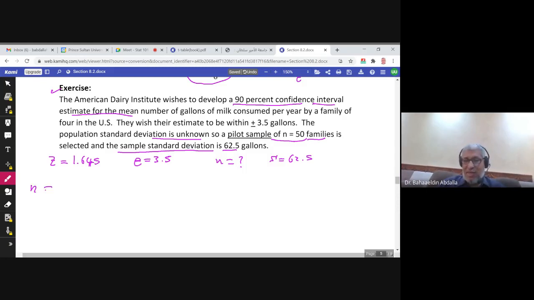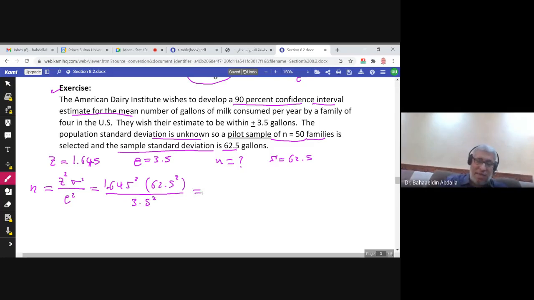So what is N? It is Z squared times sigma squared over E squared. Well, I have Z, 1.645, and I have an approximation of sigma, which is S. So I'm going to use S instead of sigma, over E squared, which is 3.5.